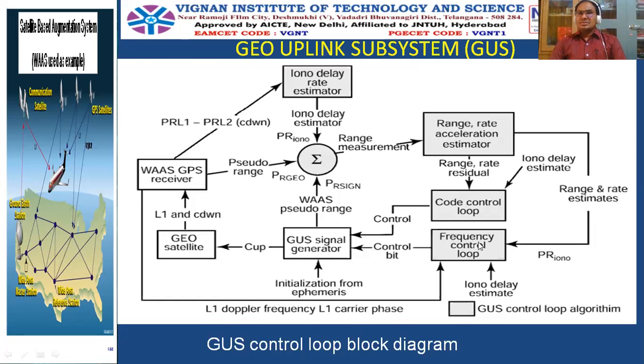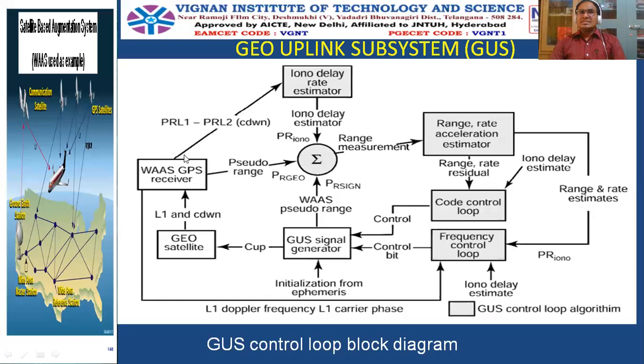And of course, the frequency control loop will provide the control bit, and the code control loop will provide the control information. And the geostationary satellite will give the L1 downlink frequency to the WAAS GPS receiver, and this will provide the pseudo range data to this.